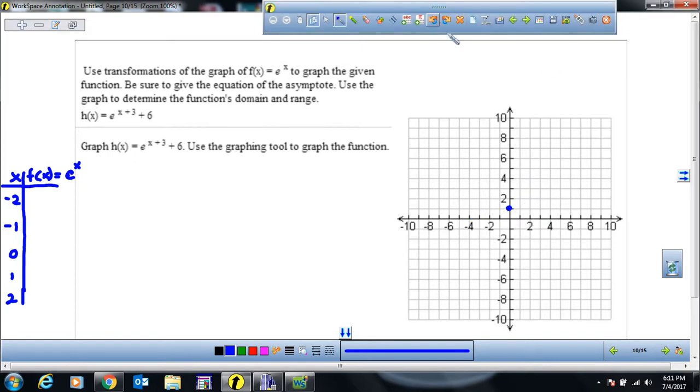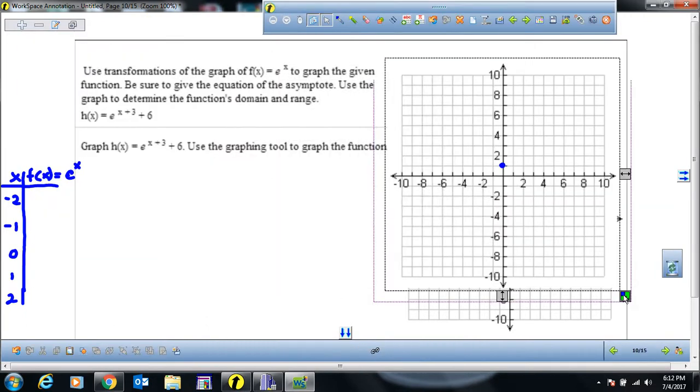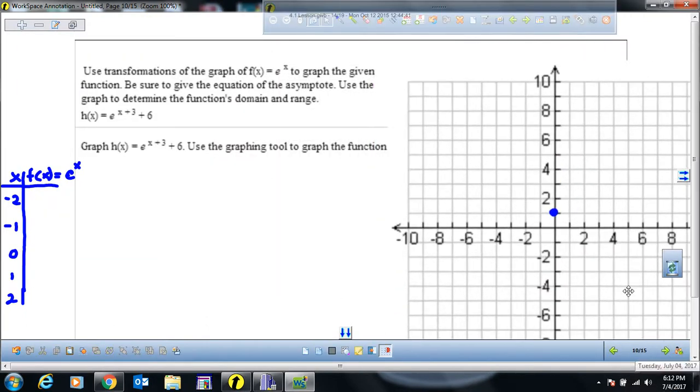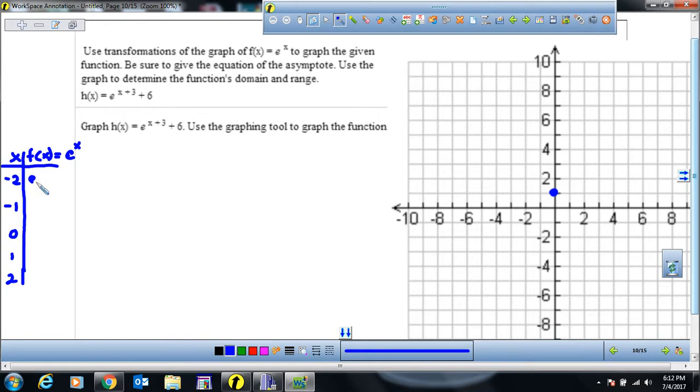However, we're going to get a better estimate of the actual graph of e to the x with the correct points. So let's go ahead and do that. If I substitute a -2 into the x, that's e to the -2, which means 1 over e squared.